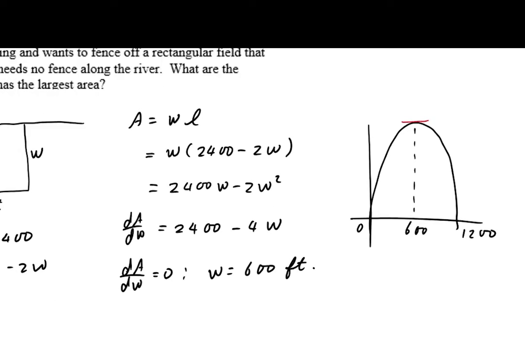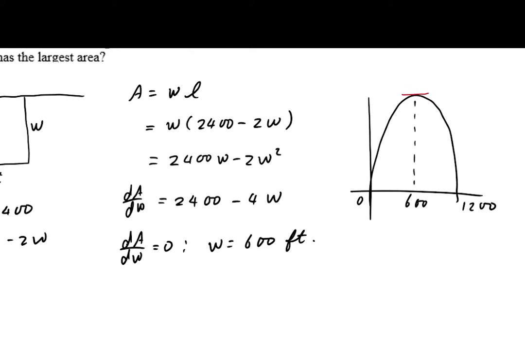Okay, now the common question is, do we have to figure out increasing, decreasing, that kind of stuff? And the answer is no, because within the context of this problem, we are clearly looking for not the local max, but the absolute max, isn't it?